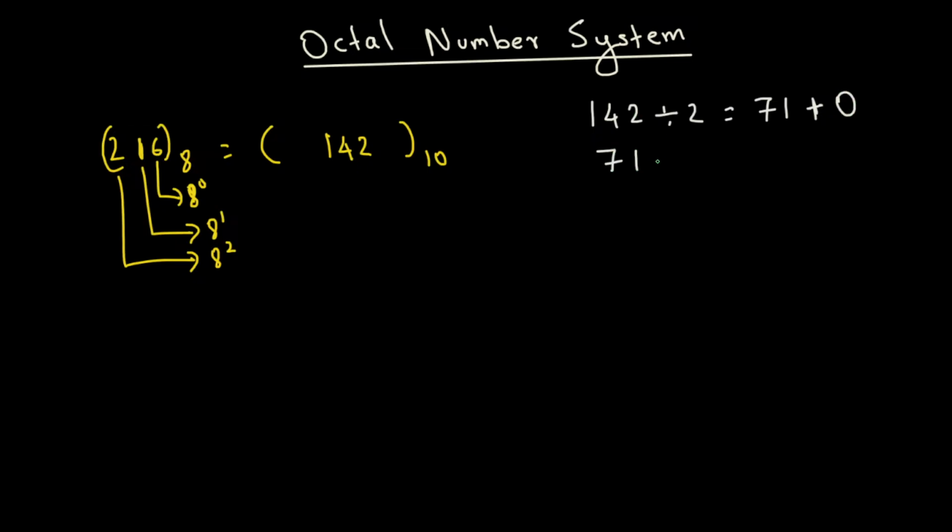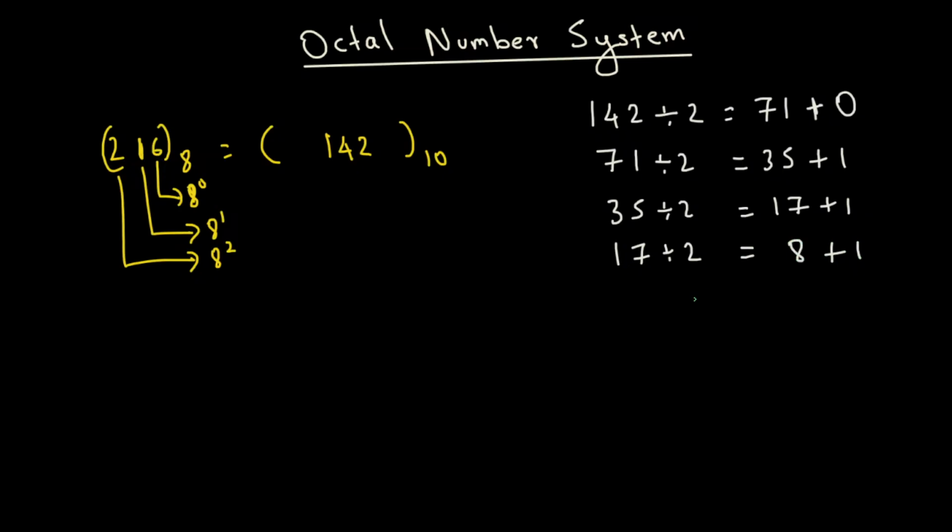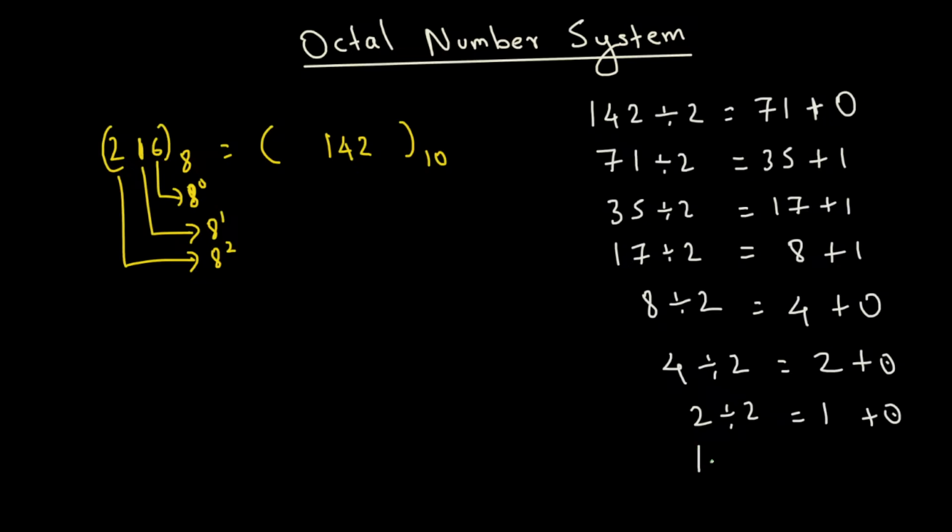Then 71 divided by 2 is 35, with a remainder of 1. 35 divided by 2 is 17, with a remainder of 1. 17 divided by 2 is 8, with a remainder of 1. 8 divided by 2 is 4, remainder 0. 4 divided by 2 is 2, remainder 0. 2 divided by 2 is 1, remainder 0. Then 1 divided by 2 is 0, and the remainder is 1.